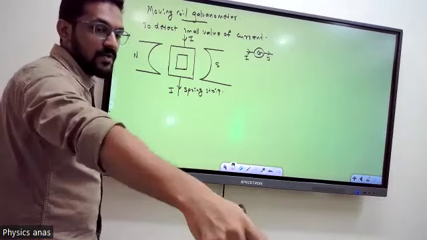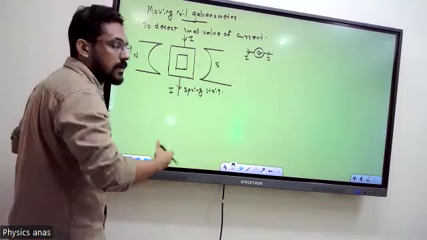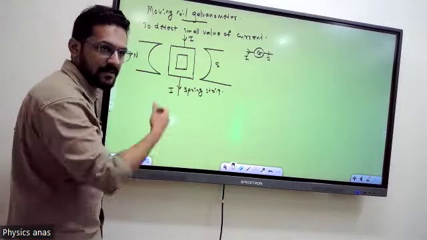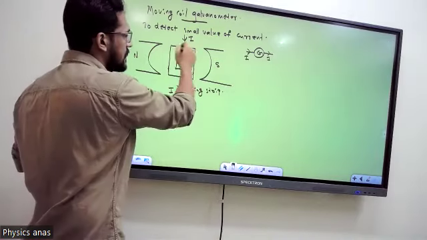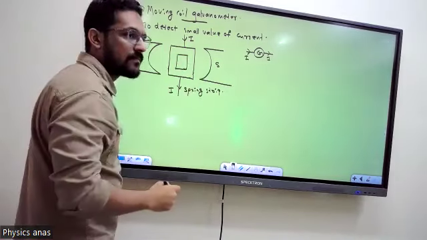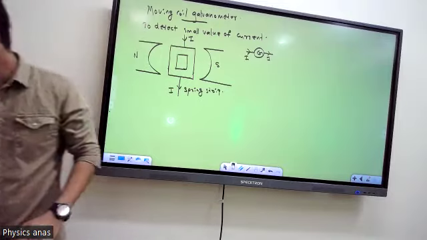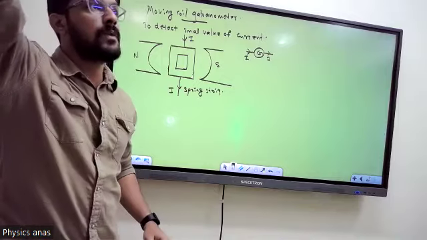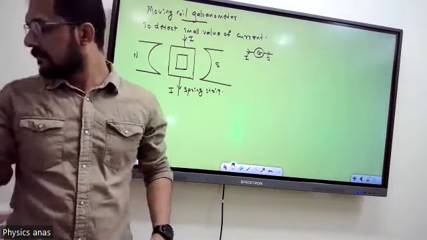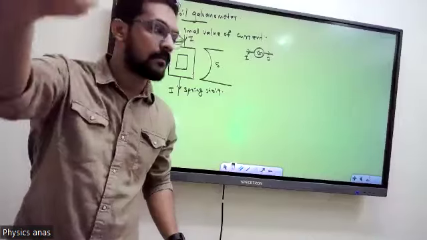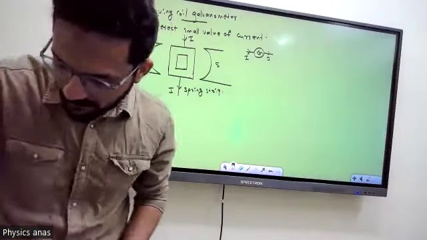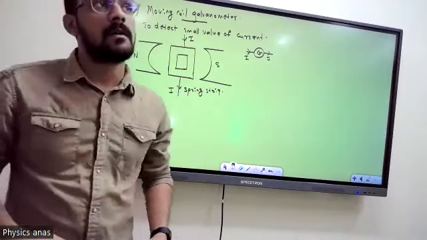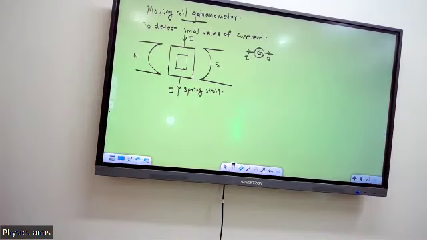Okay. The figure of the coil in your note will not be this one. I am simplifying this. This is the coil, and this is an aluminum frame. On that aluminum frame, copper wire is wound.